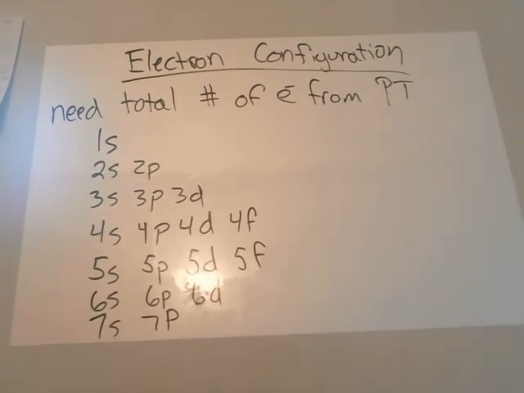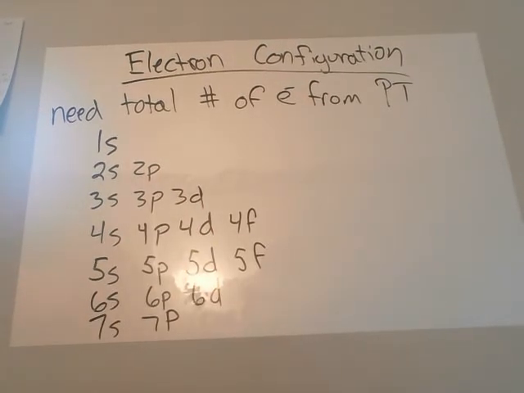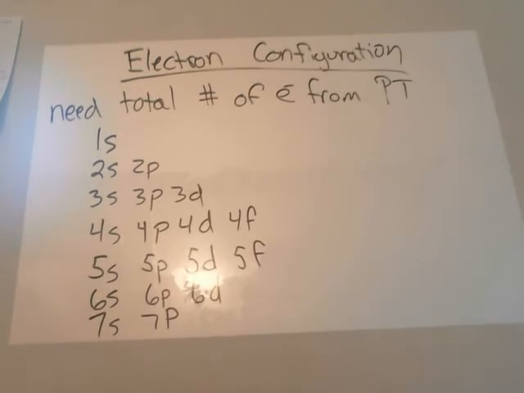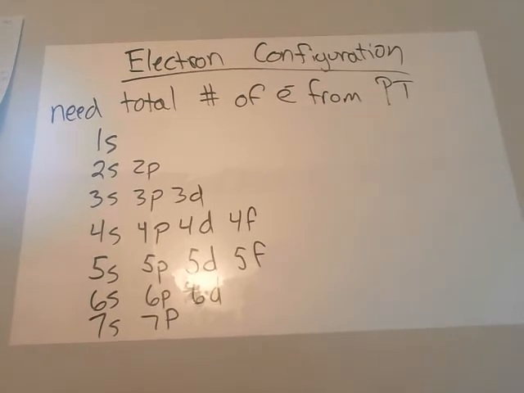So, the way that this diagram works is we draw arrows diagonally through it. And you follow the path of the arrows to place your electrons.